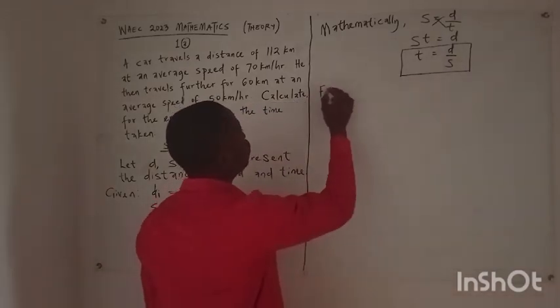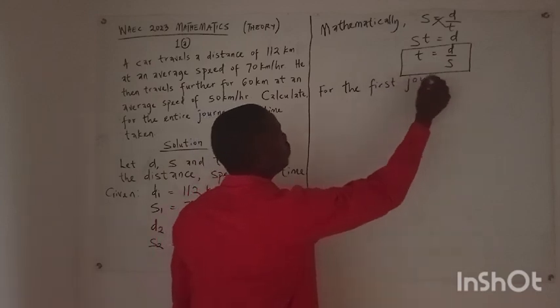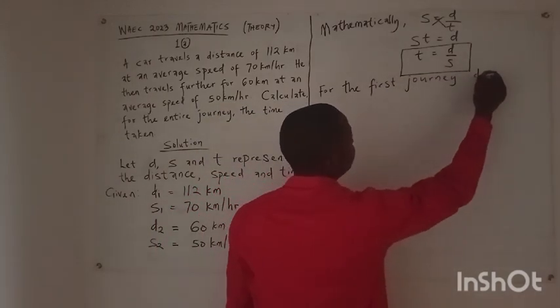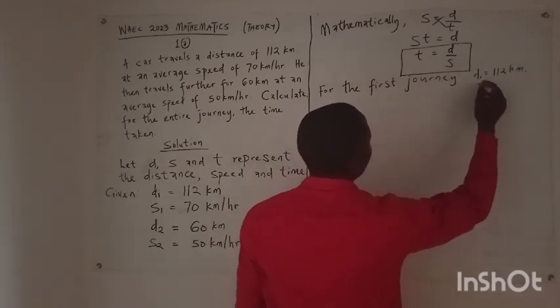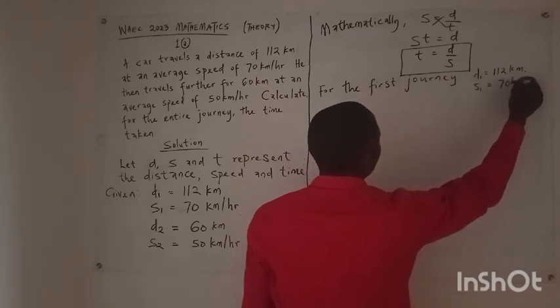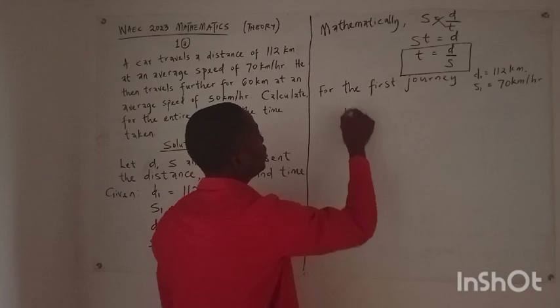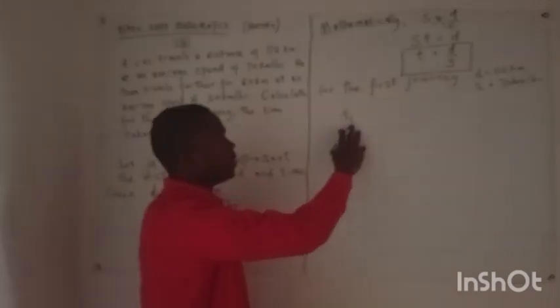So for the first journey, we have D1 equal to 112 kilometers and S1 equal to 70 kilometers per hour. So we have the time taken, T1. This one means that it's for the first journey.